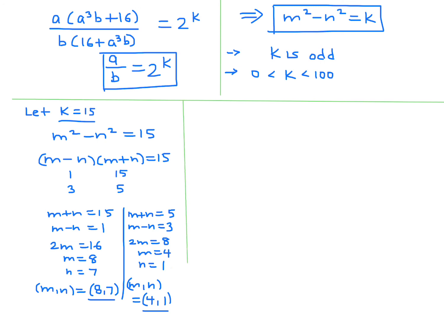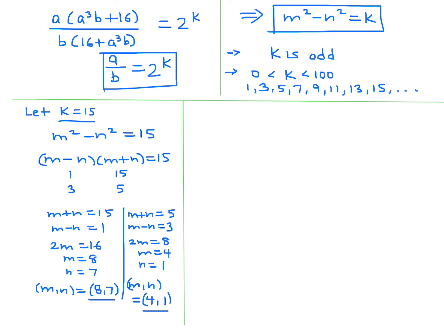But here's the thing. There are a lot of odd numbers between 0 and 100. There's 1, there's 3, there's 5, 7, right? All the odd numbers from 0 to 100, there's 50, I would imagine, right? There's no way I'm going to go through that for 50 numbers. You did it for 1, k equals 15. Do I really have to do that for 50 numbers on a math contest?